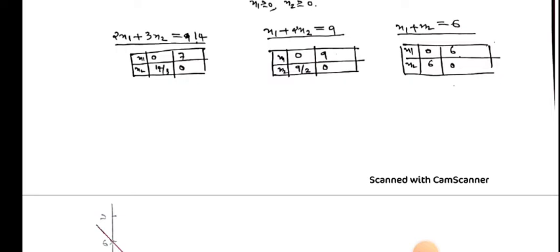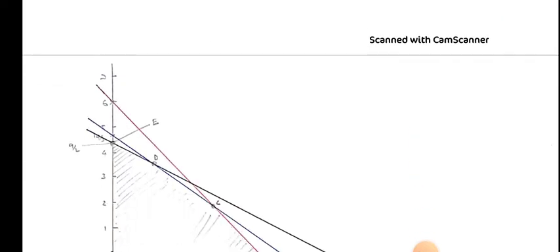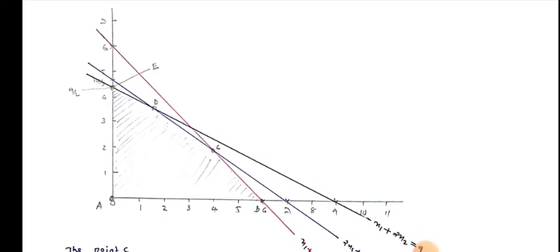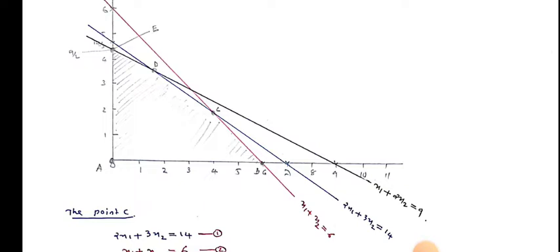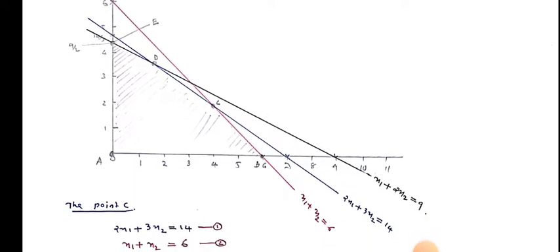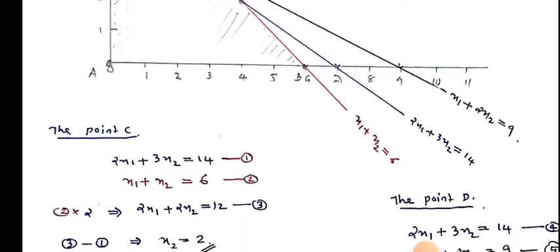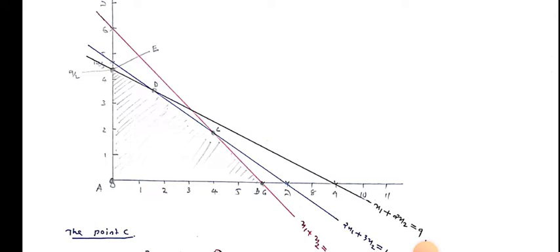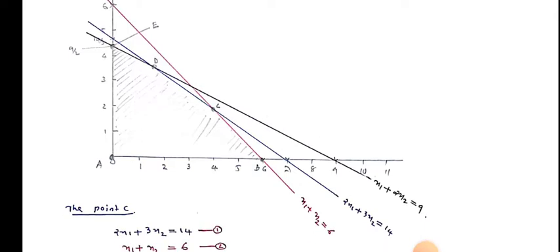So by the graph, this is the graph of our constraints. The first line, x1 plus x2 equal to 6, is the red line, 2x1 plus 3x2 equal to 14 is the second one, and the third one, x1 plus 2x2 equal to 9, is the black line.